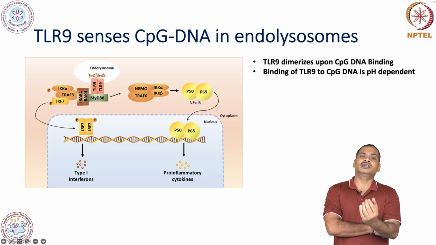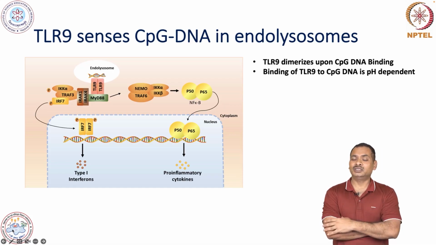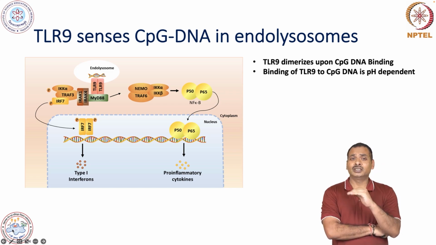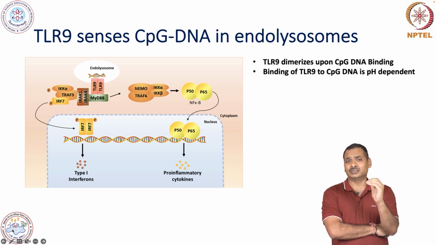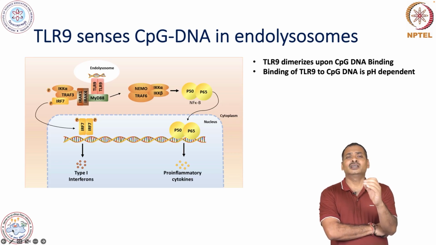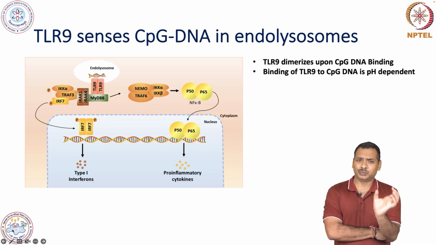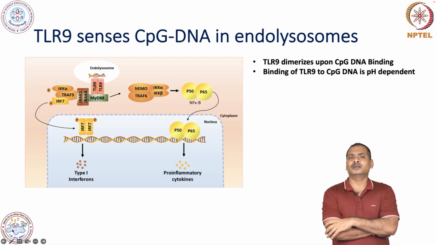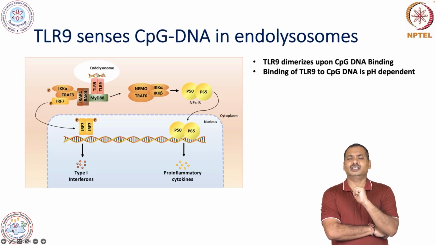There is an enzyme family known as cathepsins. They are proteases, and they cleave the native receptor TLR9, and after cleavage this protein senses the CpG DNA. This is the active form of TLR9.